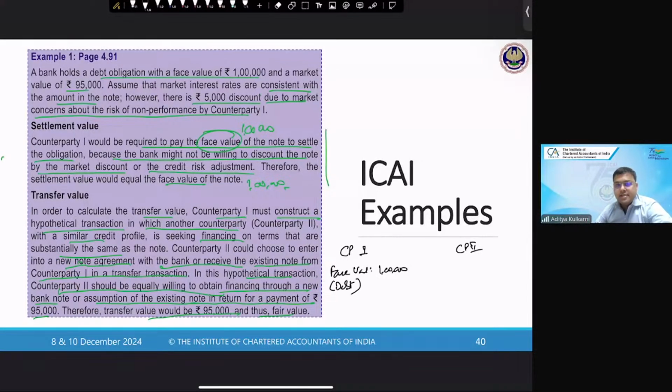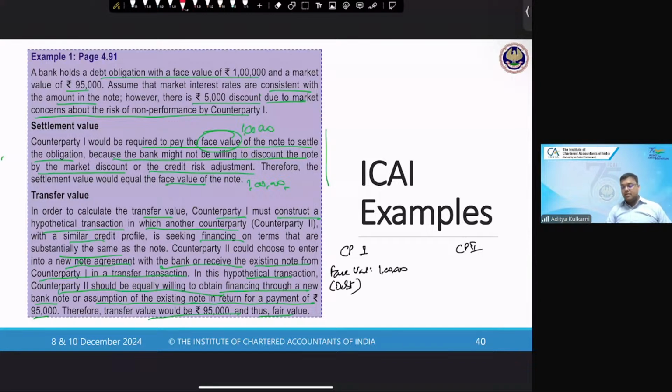Now, counterparty 2 also needs money, but he is not in a position to go to the bank, wait, submit all documentation, etc. So what counterparty 2 will do is, it will come to counterparty 1 and say, look, you are having debentures.